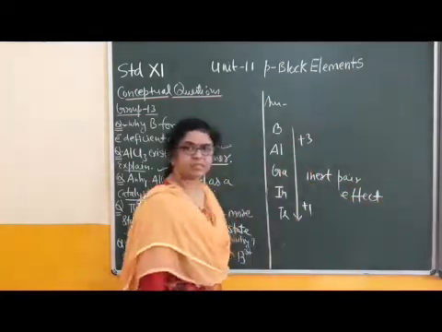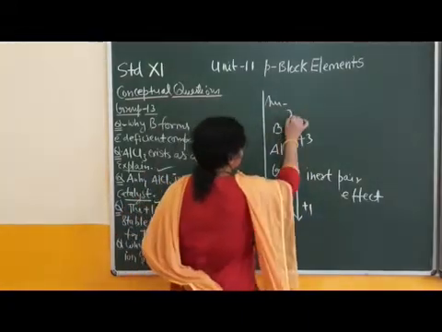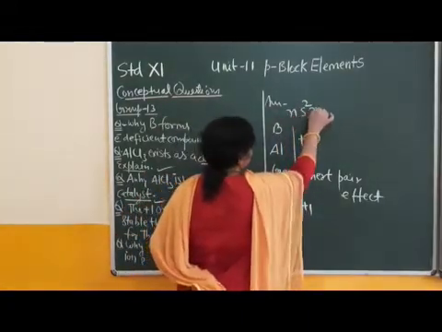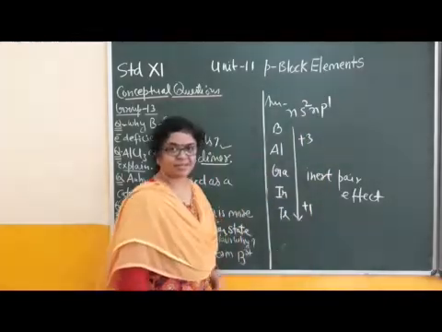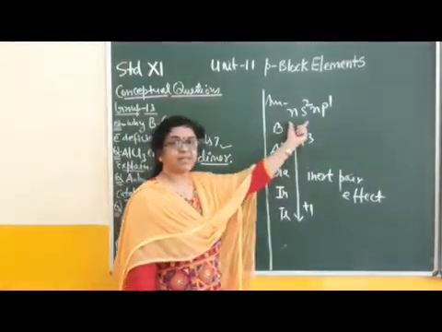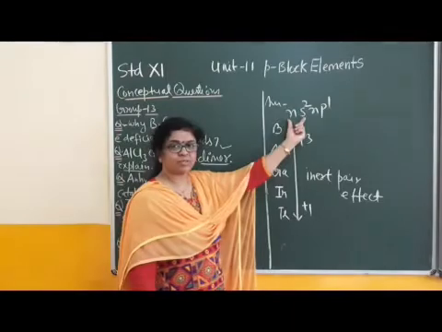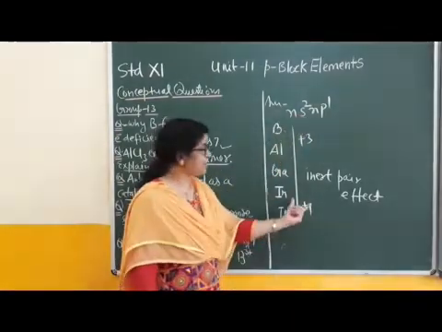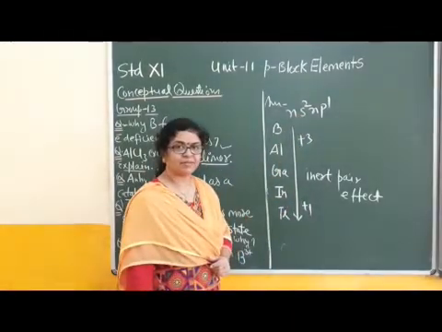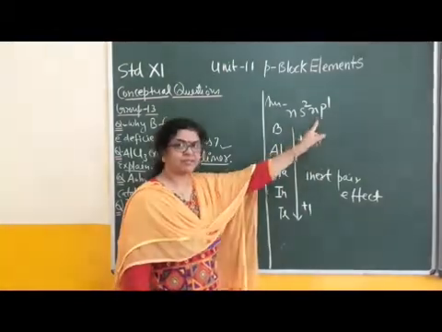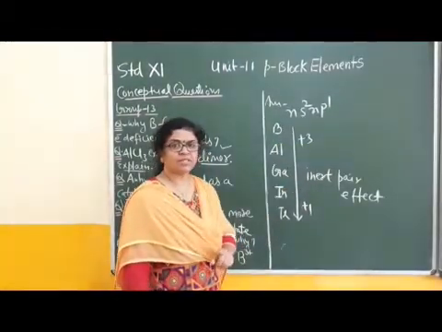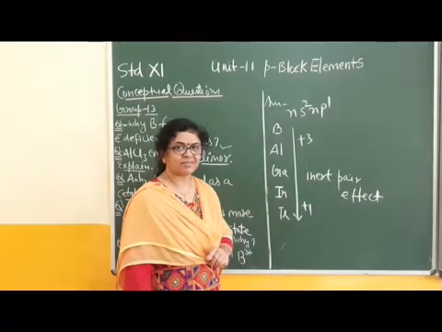General electron configuration is ns2 np1 for the valence shell. Due to the inert pair effect, s electrons do not participate in chemical bond formation. Only the p electron participates in chemical reactions.